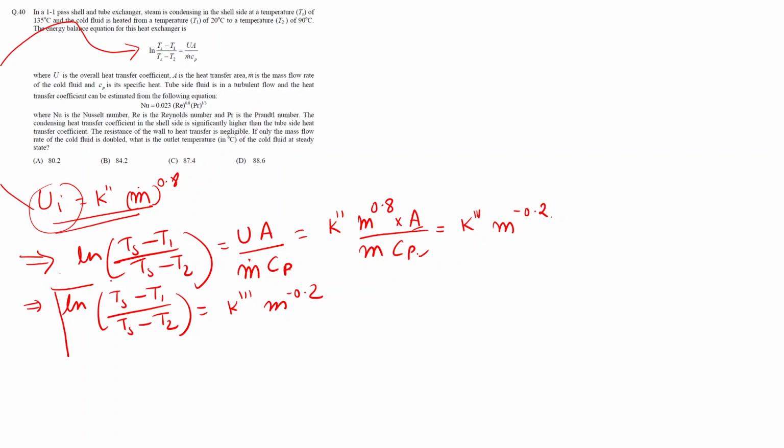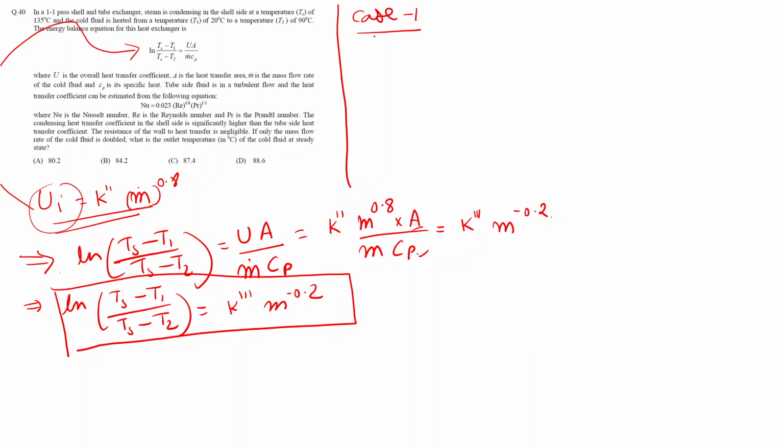So now we have this correlation that we will be using to find the outlet temperature for the second case in which the mass flow rate is doubled. So let's just write it over here. In case 1, the mass flow rate was m dot, and T1 we were given as 20 degrees Celsius, T2 we are given as 90 degrees Celsius, and Ts we are given as 135 degrees Celsius.